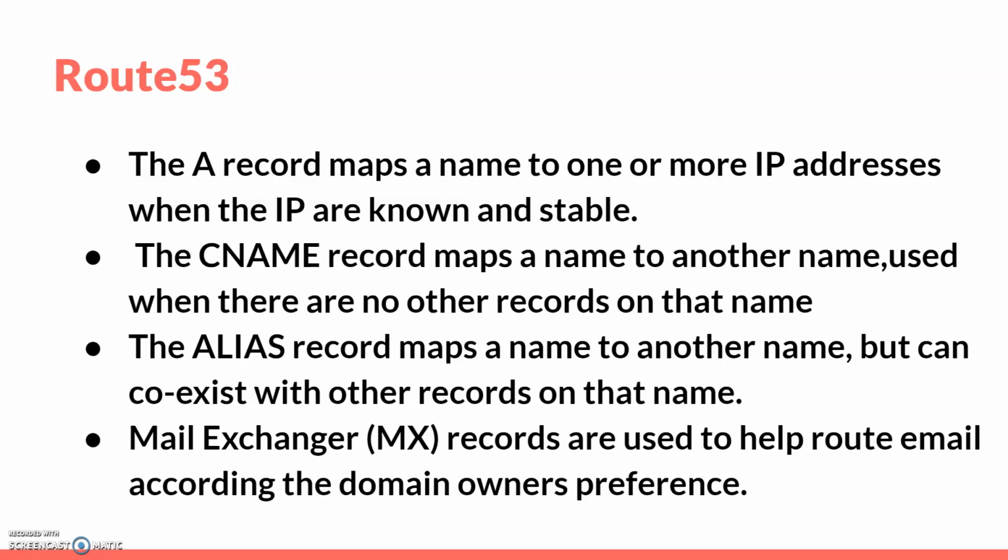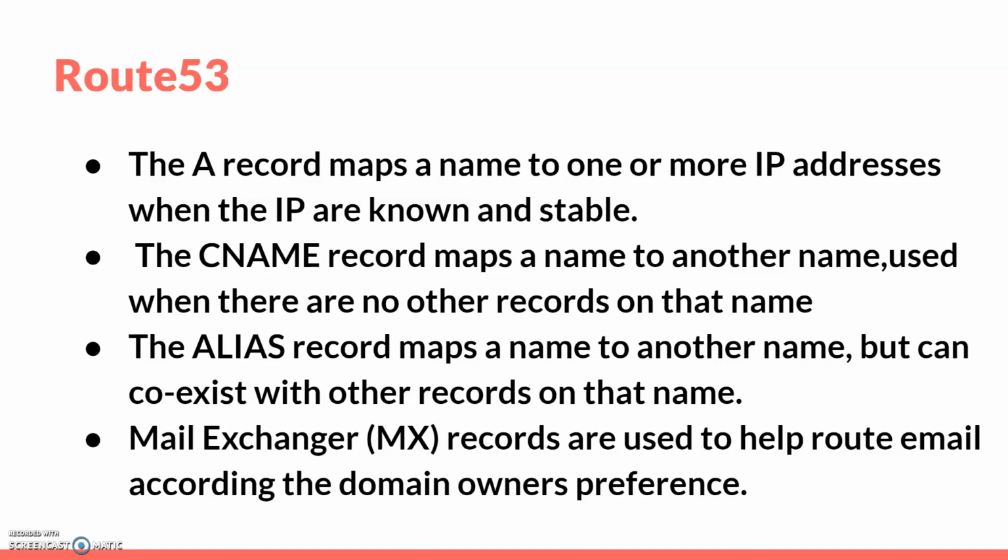A records are used for mapping your host name to the IP address, where your IP address is known. So it is used there. CNAME records are used for mapping name to name, host to host, where the CNAME cannot be a different record set.